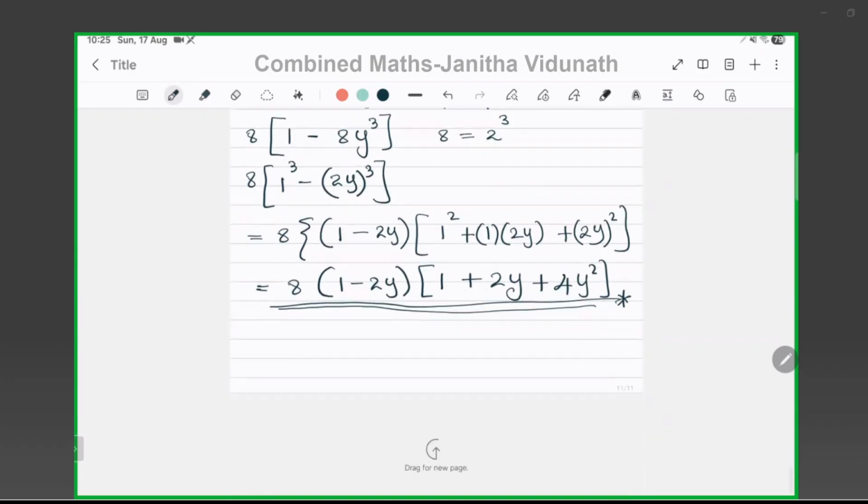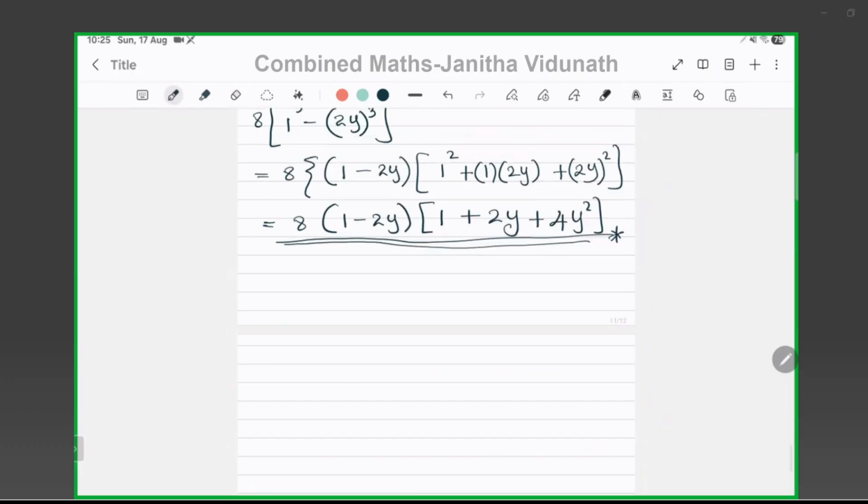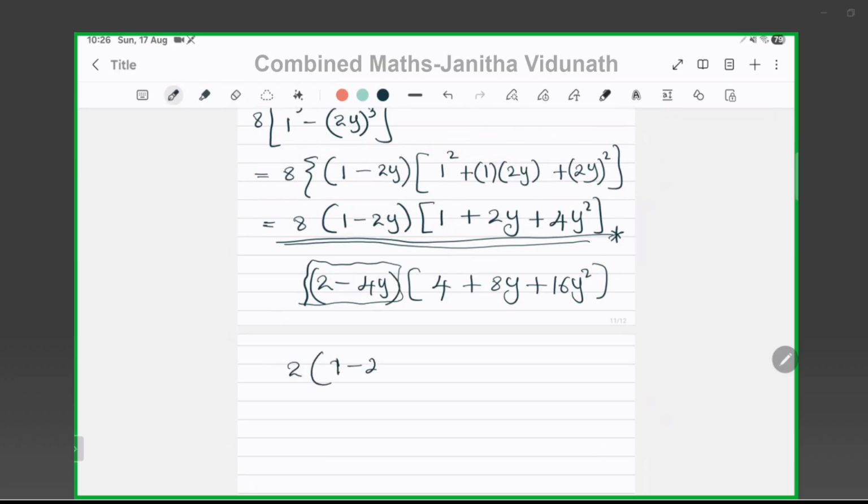Let me rewrite that. In our previous results, we got (2 minus 4y) times (4 plus 8y plus 16y squared). From this, we can factor out 2. Then we get 2 times (1 minus 2y).